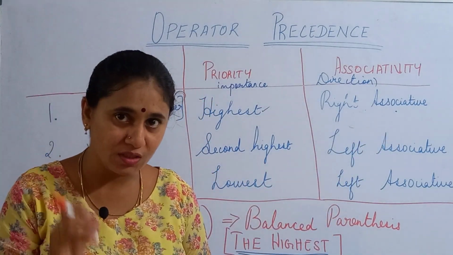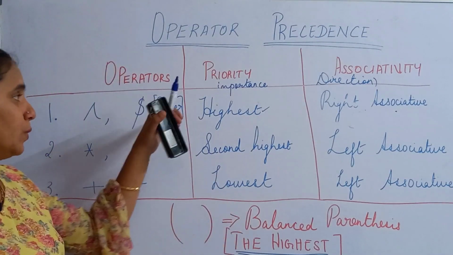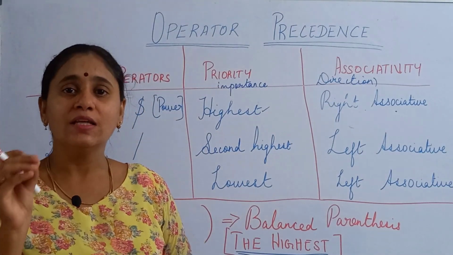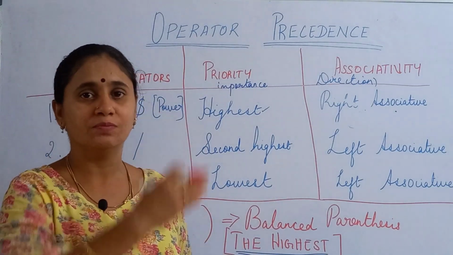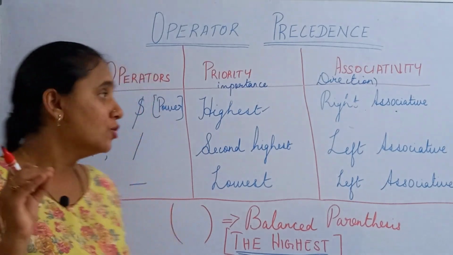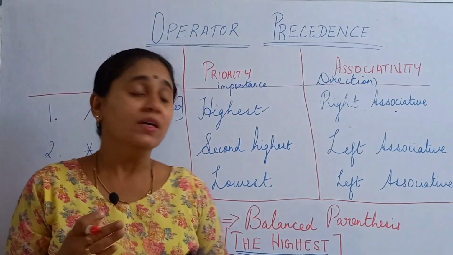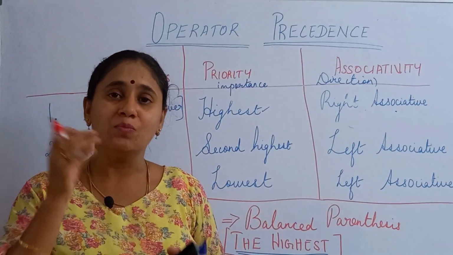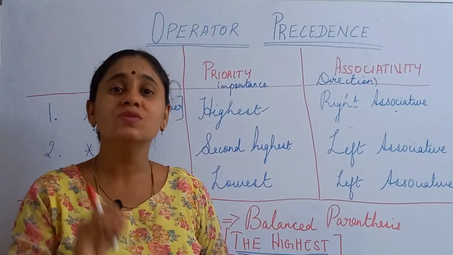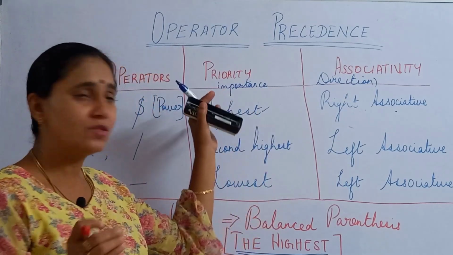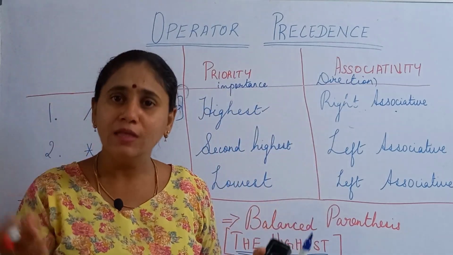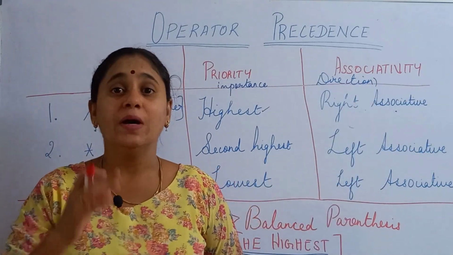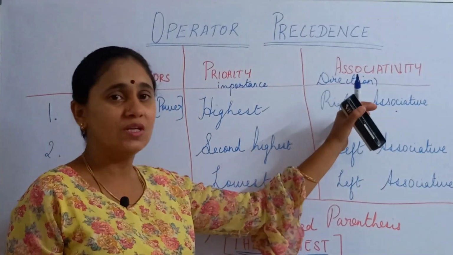Right friends, are you clear? This exponent operator has the highest priority, with the direction of solving towards the right. Can you understand? Now, for example, the default is right associativity. Suppose they mention in the question that you should use left associativity for these dollar and exponent operators, then you should start solving in that direction. By default you should use right associativity.